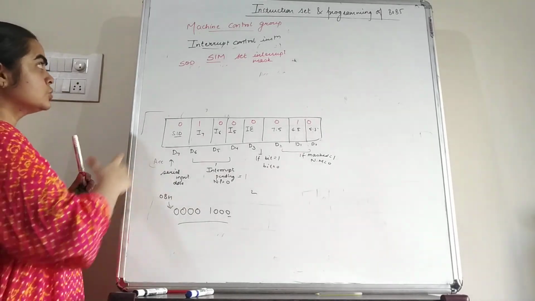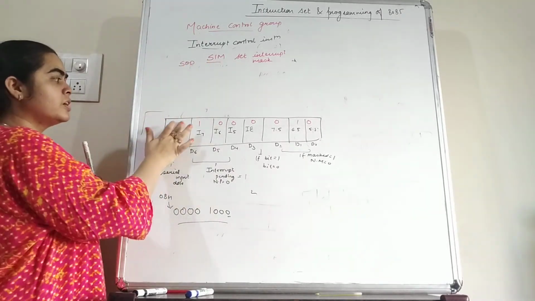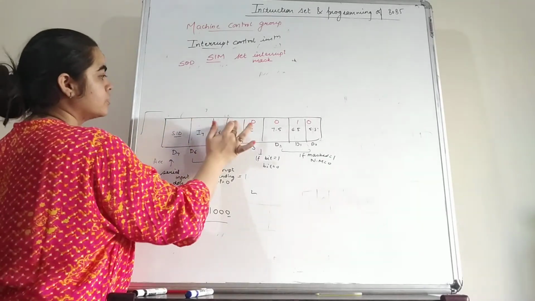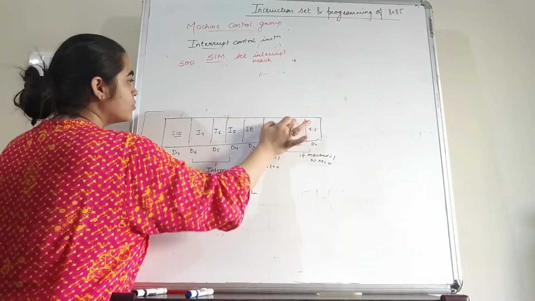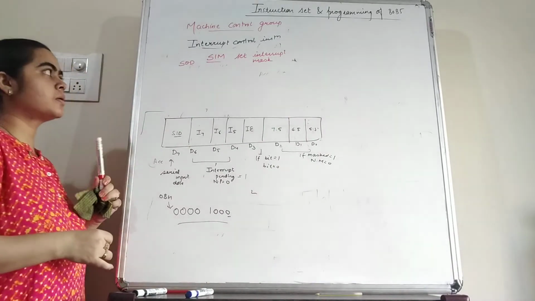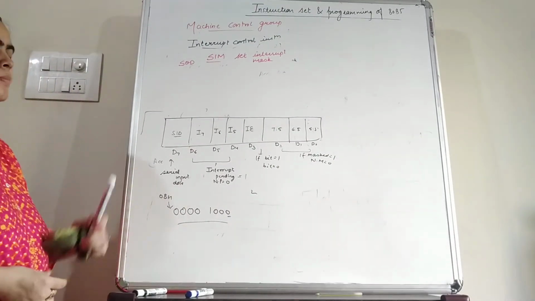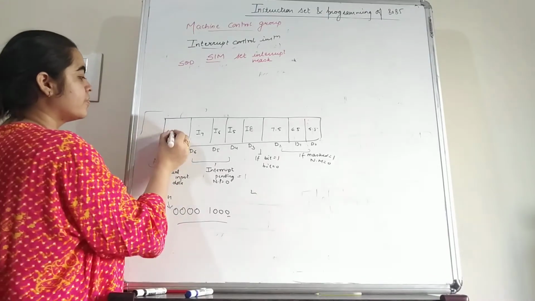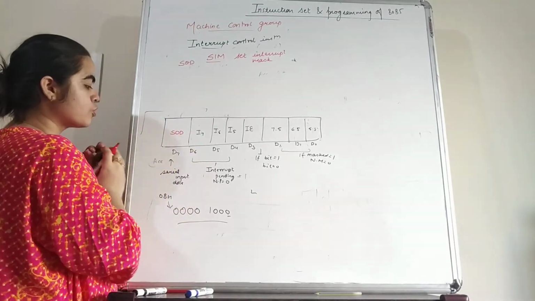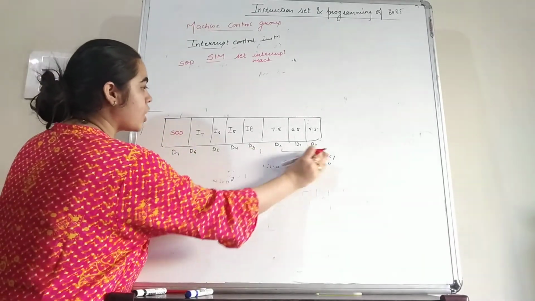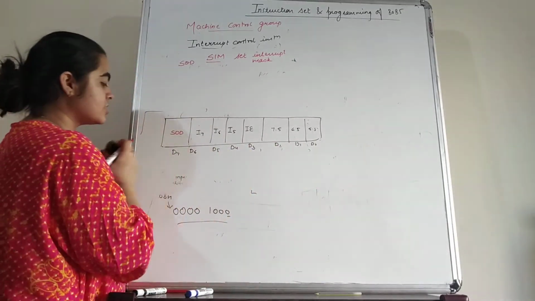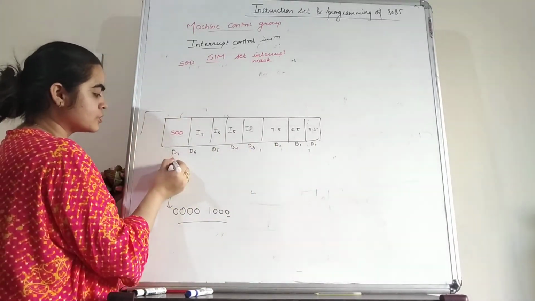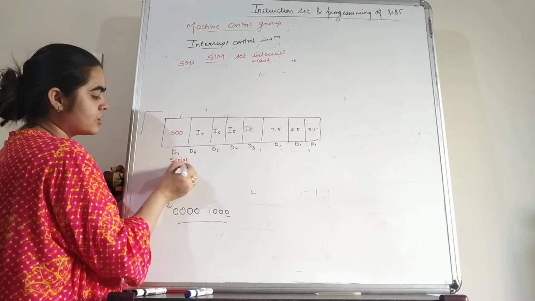Students, for SIM again we have to check the value of the accumulator. In the accumulator we have the status about the interrupts as well as about the serial output data. Initially the first bit will represent the serial output data, which is the data sent by the microprocessor to the peripheral device.